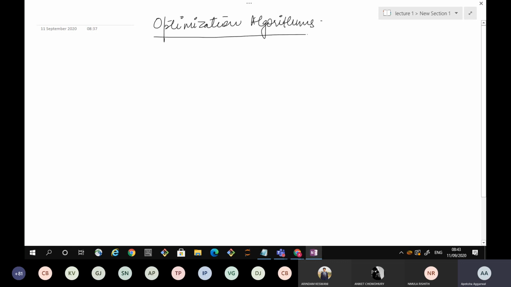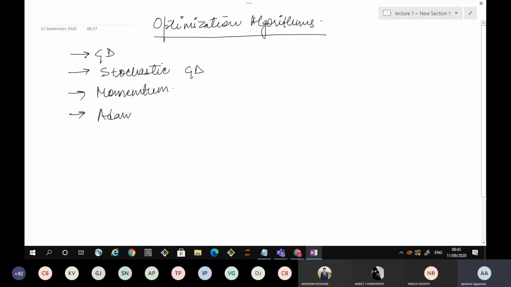We have discussed gradient descent, right? So what we are going to see today is stochastic gradient descent. Then there is momentum. Momentum is not in your syllabus, but if you get an idea of it, that is good. Then Adam and RMSprop. So we are going to discuss these optimization algorithms today.